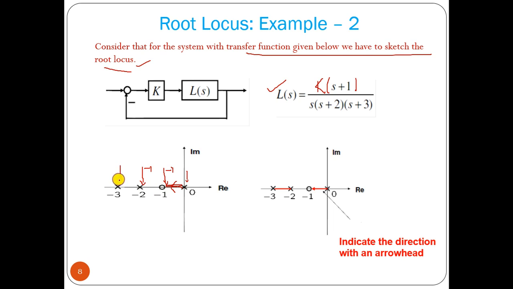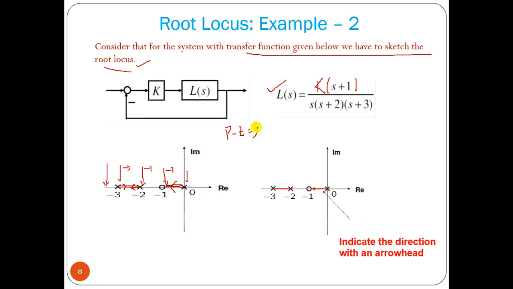At this point on the right hand side, we see 3 poles and a zero, so this must be a root locus path. After that pole, there are 4 poles and a zero, so there is no root locus path. So this pole merges with this zero. P minus Z, that is 3 minus 1.